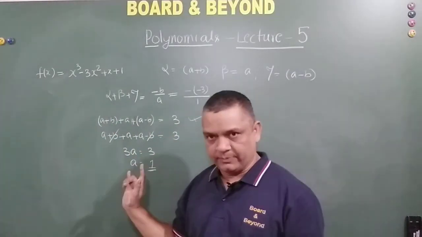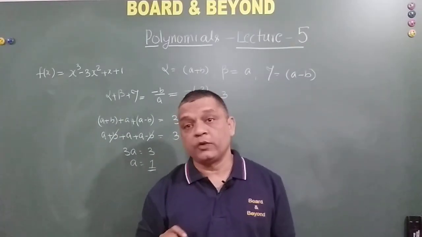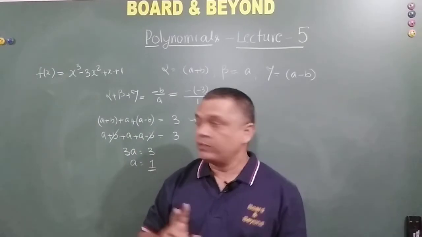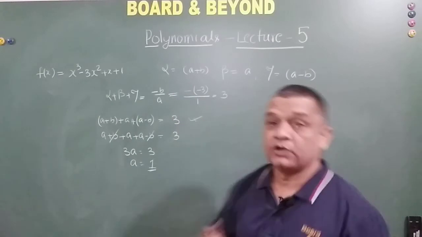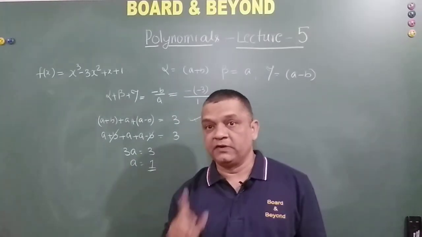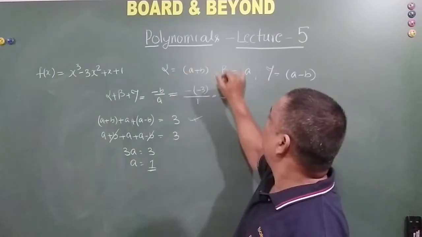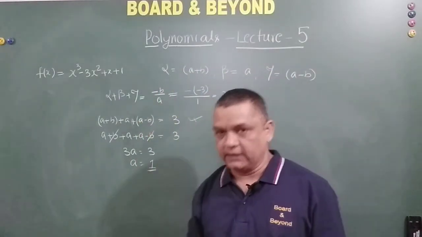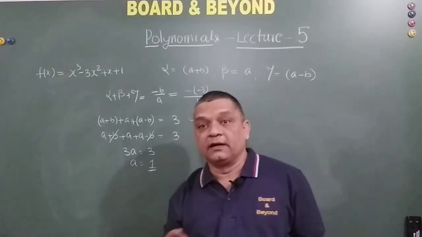But in that case it will leave me with a cubic polynomial, which will take a longer time to solve. So we do not want to do that, because this term into this term into this term will leave me with a cube somewhere. So what we will do is that we will use the second one.